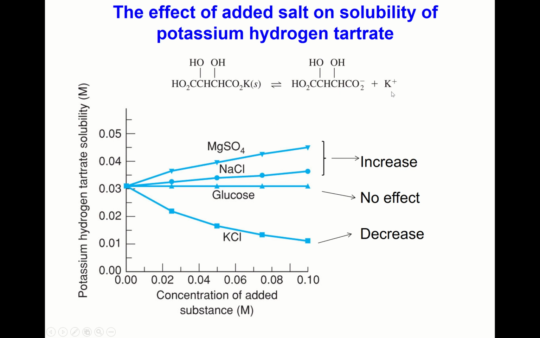As a result, solubility increases. The increasing rate is much more rapid for magnesium sulfate than sodium chloride. Why? The only difference is that magnesium takes plus 2 charge, but sodium only plus 1. Sulfate ion takes minus 2, but chloride ion takes only minus 1. So from this figure, you may say that highly charged species have a much stronger effect on solubility.